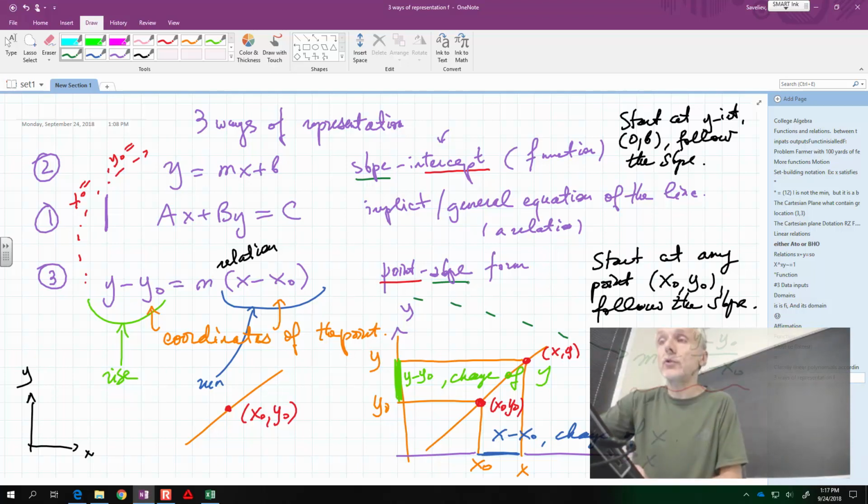So I choose x naught to be what? What should x naught be? Well, x naught, y naught is the y-intercept. So what are the coordinates of the y-intercept? No, I need x naught and y naught.